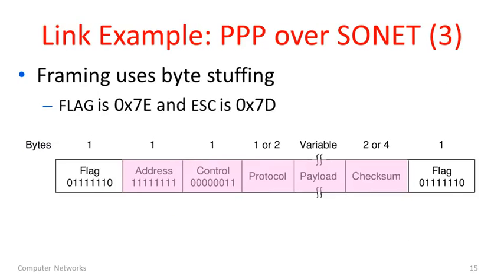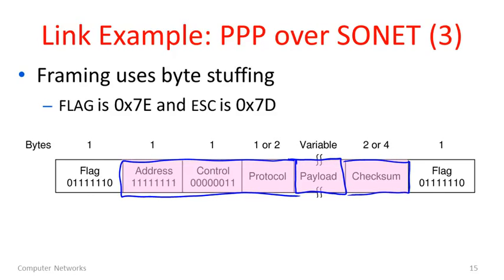If we focus on the PPP bit, since that's our focus for this video, then we find that PPP frames the packets it gets from the IP layer using byte stuffing in a way that's quite similar to what we've described. Here's a picture of the frame. The payload is what comes down from the IP layer, and you can see that the PPP layer adds some of its headers and control information and also some trailers.